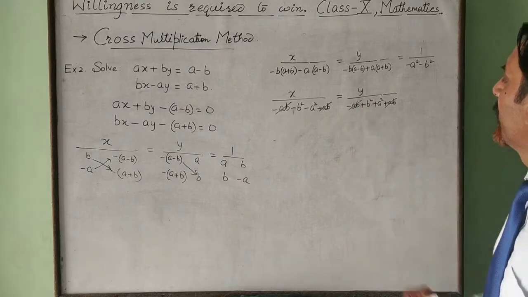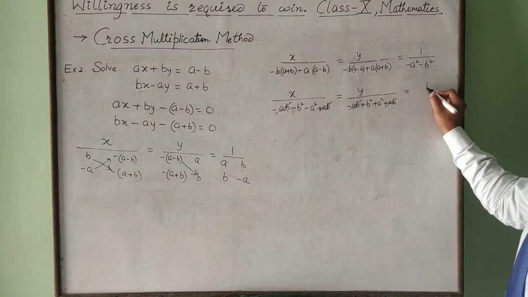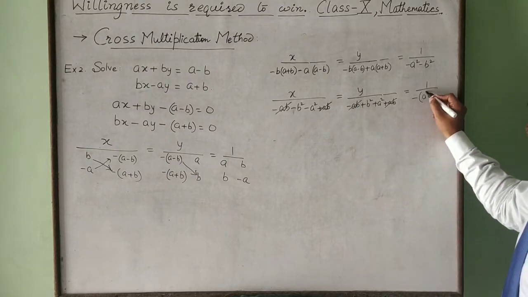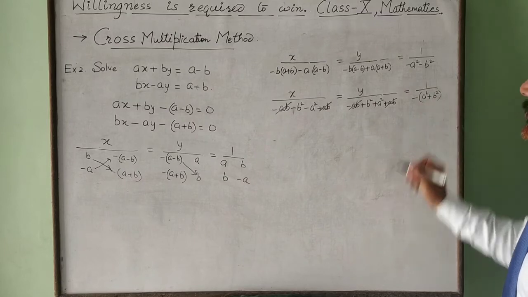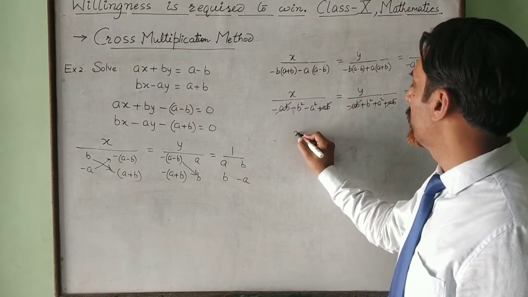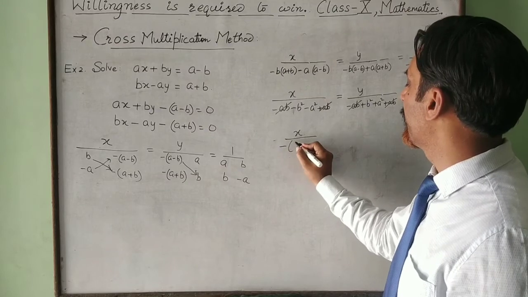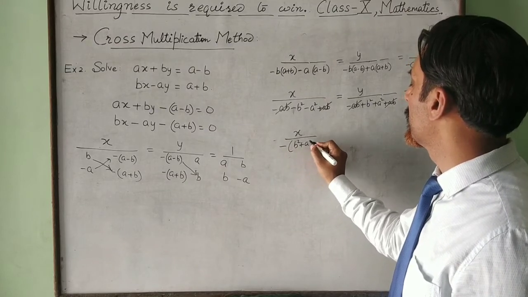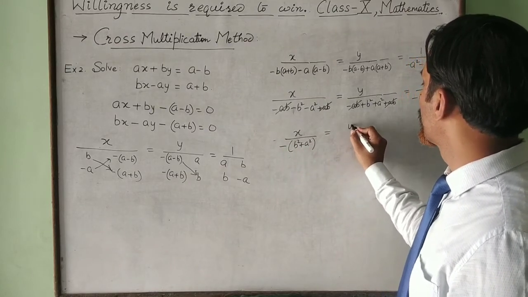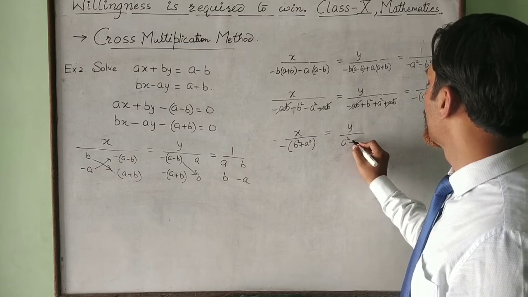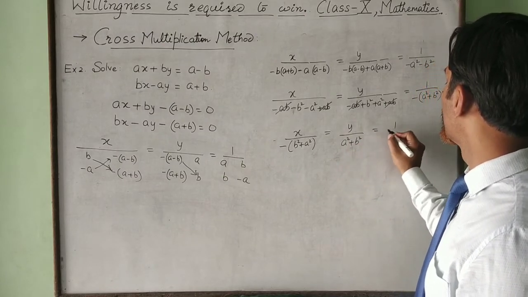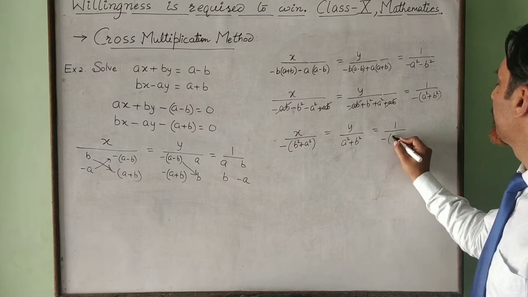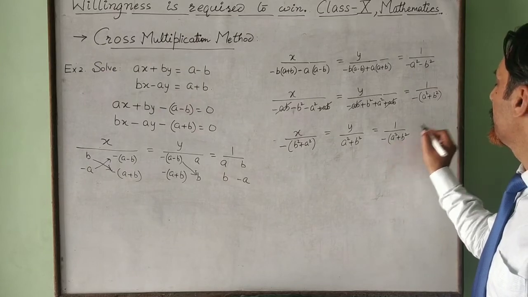Here also ab will cancel out. Now we have 1 upon, I'll take negative common, a square plus b square. So what do we have now? x upon negative common b square plus a square is equal to y upon a square plus b square is equal to 1 upon negative of a square plus b square.